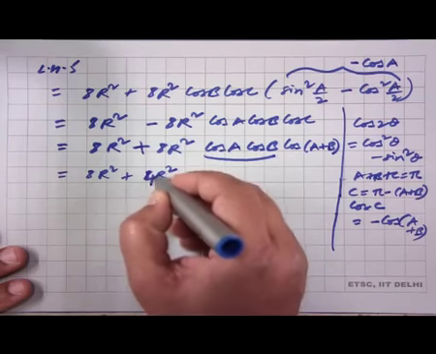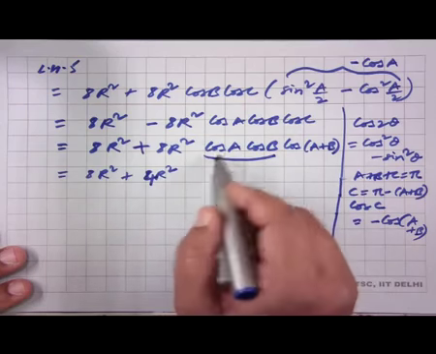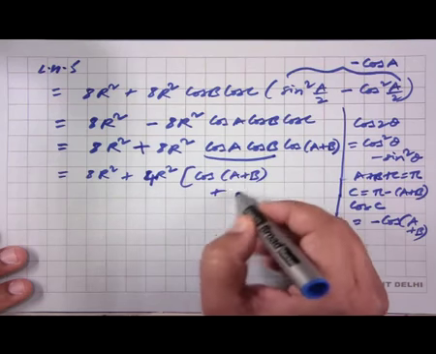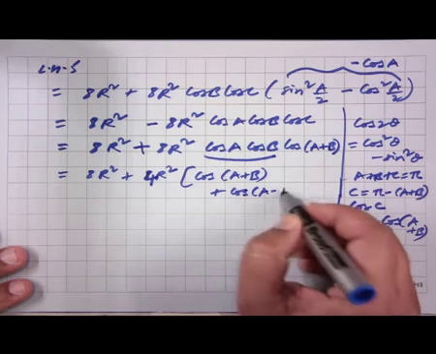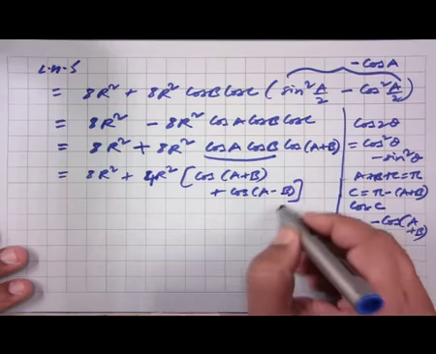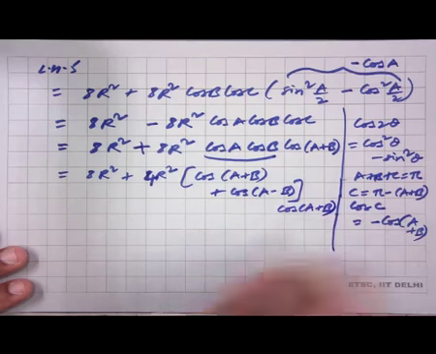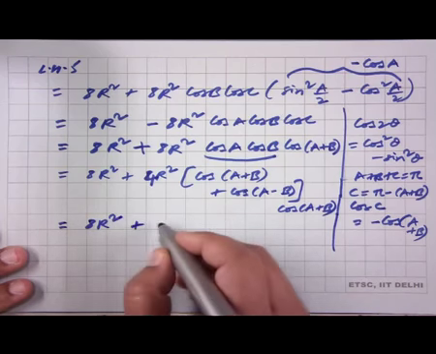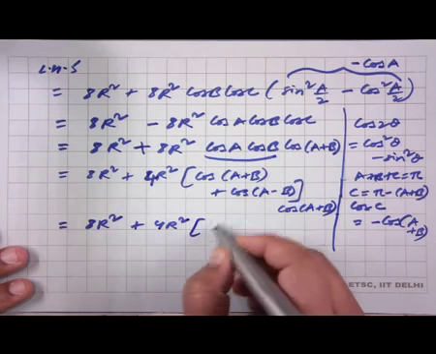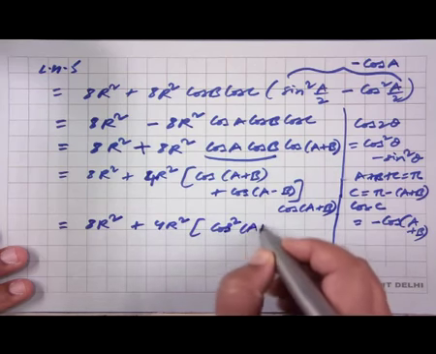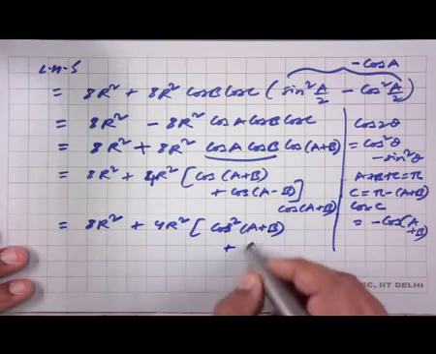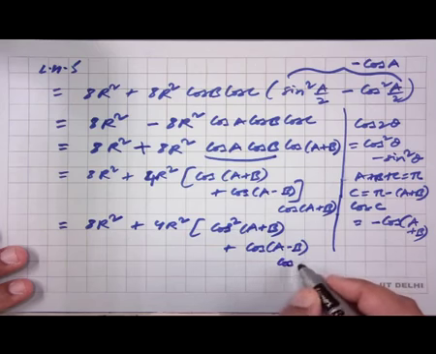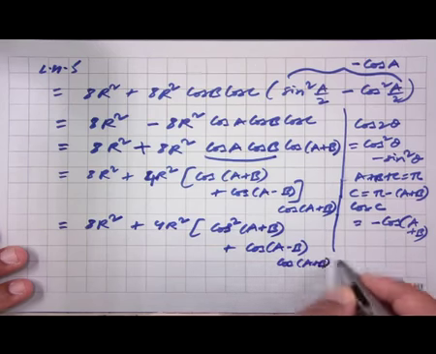So we'll make this 4 and we'll bring a 2 here, and we know that 2 cos a cos b is cos a plus b plus cos a minus b, and then times cos a plus b, which is equal to 8r square plus 4r square into cos square a plus b plus cos a minus b into cos a plus b.